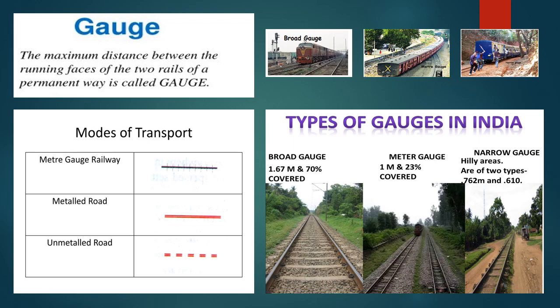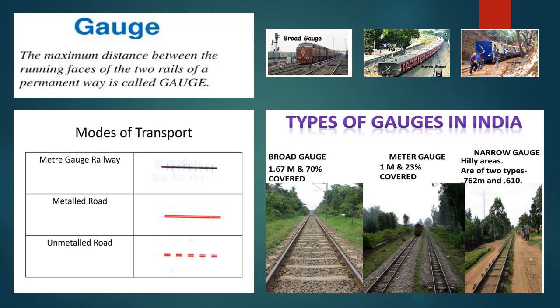So as I told you, roads and railway tracks are often built on the embankments since the ground below is too soft to support a road or a railway track. So before that, we should understand what exactly the railway tracks are and what is called the railway gauge.